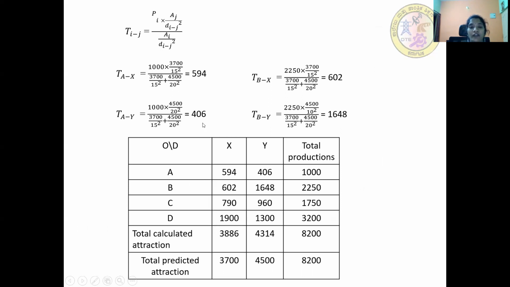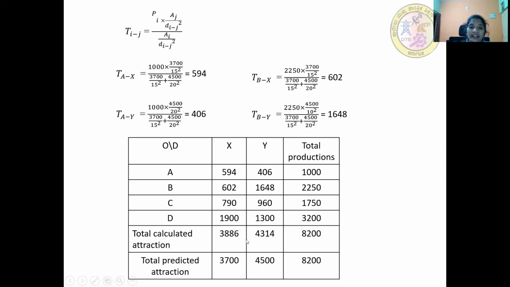So you'll be getting 406. In the same manner, TB of X, TB of Y, TC of X and TC of Y, then TD of X and TD of Y. So you'll be getting the values like this.